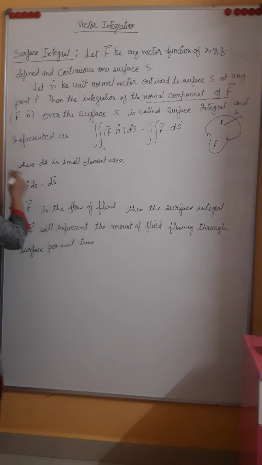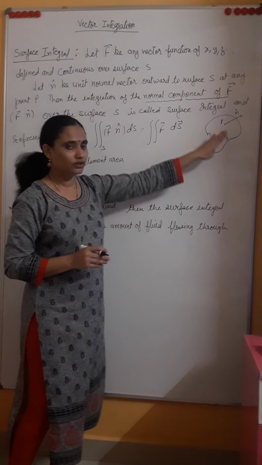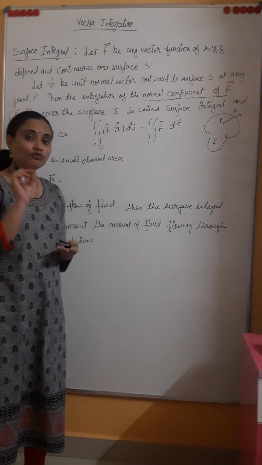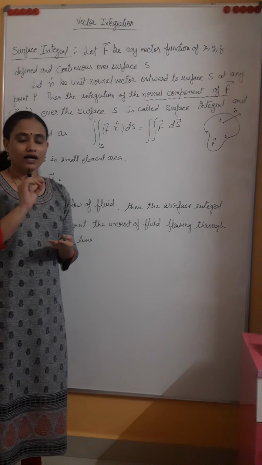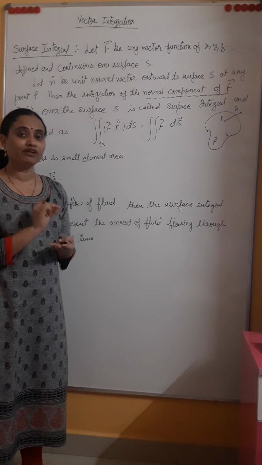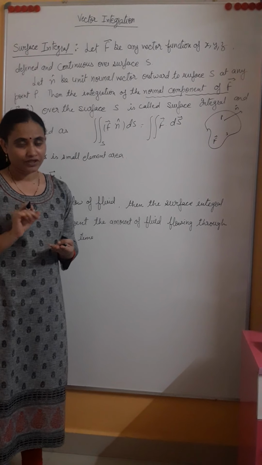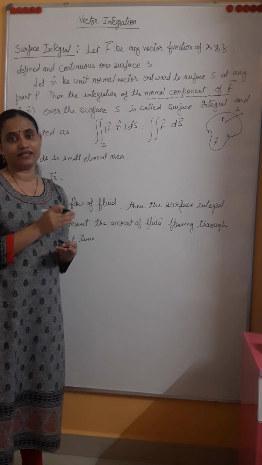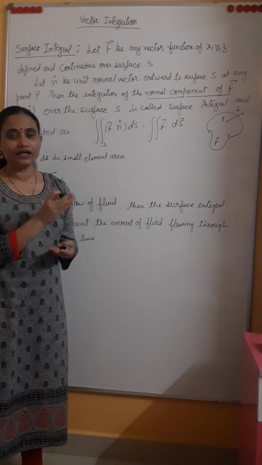Now if I am talking about the surface area, how should I take the normal and the area element? In the xy plane, the area element will be dx dy. In the yz plane, the area element will be dy dz. And in the xz plane, it would be dx dz.